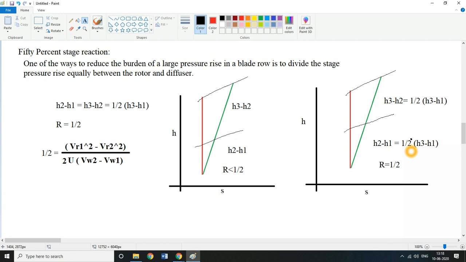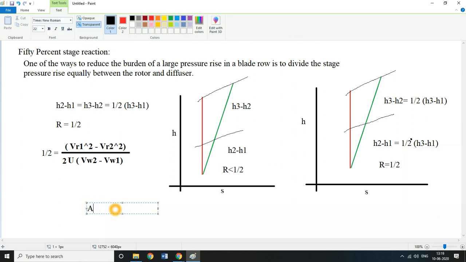Along with that, you get a number of results. Some of the results, I'll just write directly here. Using all the trigonometric functions, alpha 1 will be equal to beta 2 and alpha 2 will be equal to beta 1. For designing 50% stage reaction, these are the consequences. VR1 will be equal to V2, and VR2 will be equal to V1.